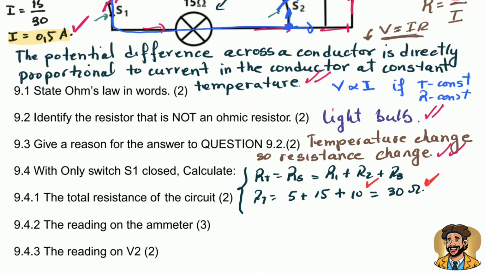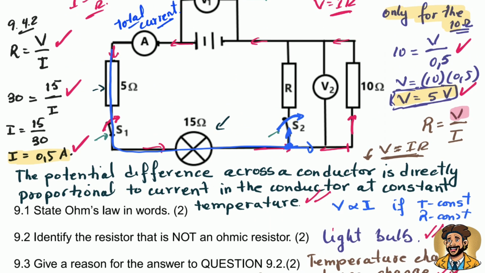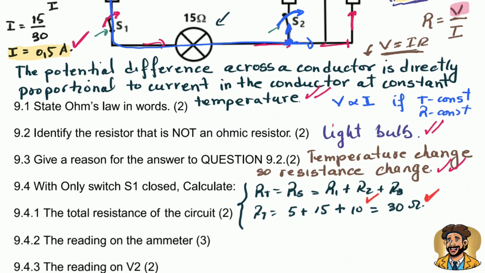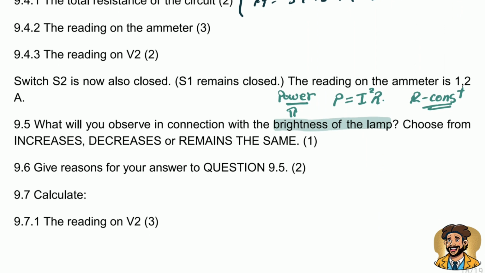Now note, we are adding a resistor in parallel. In a previous video of mine, I spoke about what happens if you add more resistors in parallel or less resistors in parallel. But the thing is, if you increase more resistors in parallel, the total resistance of the circuit will decrease, and therefore the current will increase. So that is a note, guys, you have to write somewhere.